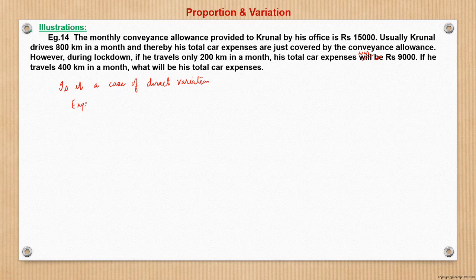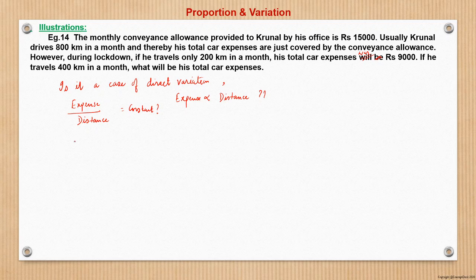Expense upon distance, the ratio would be same, right? So we can check that, that is expense is directly proportional to distance, right? Then only it's a case of direct variation. Is it a constant?